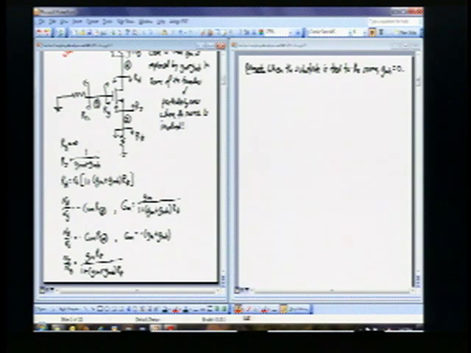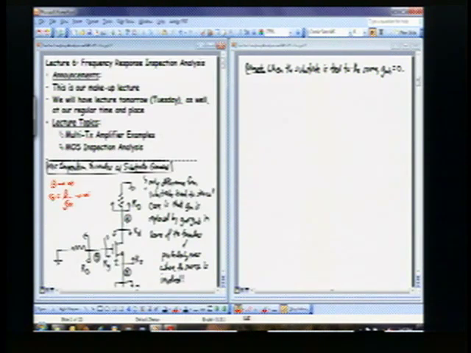But the last thing we did was say that that wasn't quite enough. Finally, you also have to have gm go to gm plus gmb, where gmb is a transconductance particular to an MOS device that the bipolar device does not have.